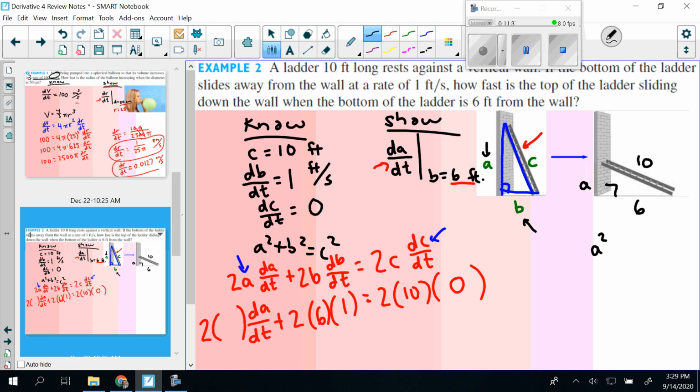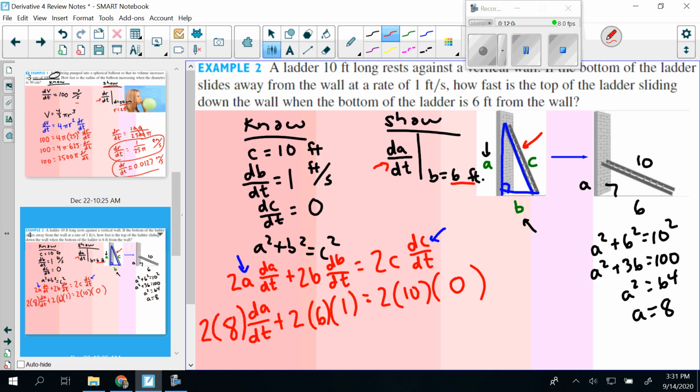So if we got A squared plus 6 squared equals 10 squared, and solve that out, we can see that A ends up being 8. So at the moment that the bottom is 6, the side is 8. So now we plug that in, and we can now solve this out.